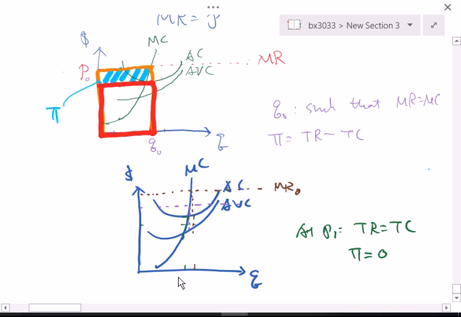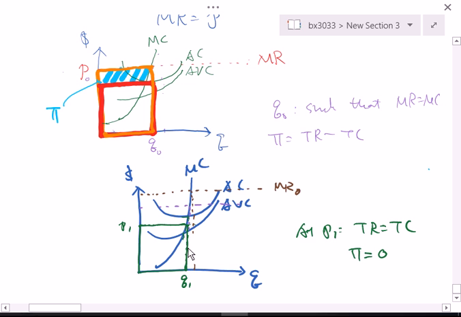Okay, so let's say the price is at this level, and the firm follows MR equal to MC. That's Q1. So now total revenue is this green rectangle. To get the total cost, we find the average cost first.